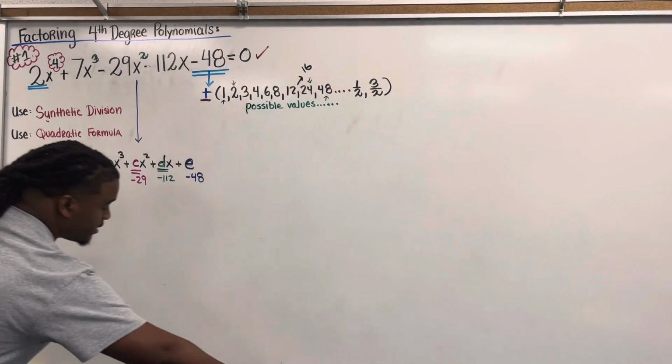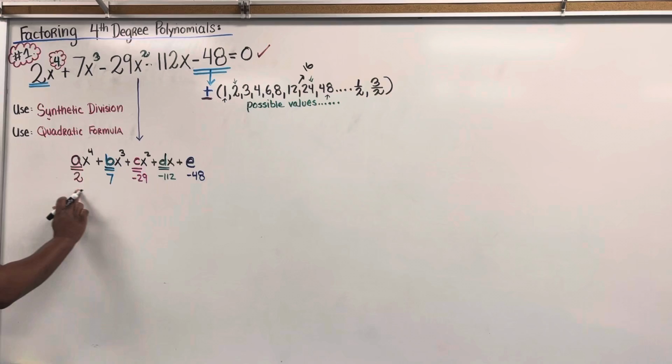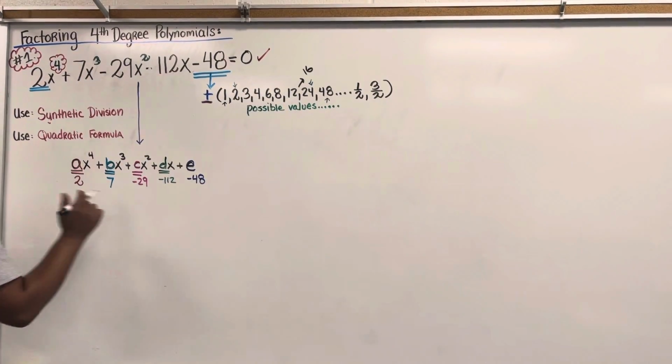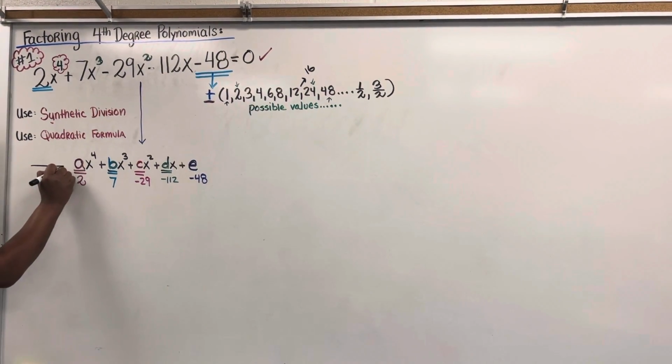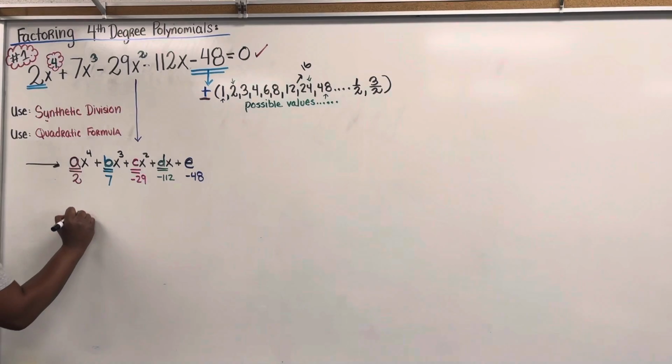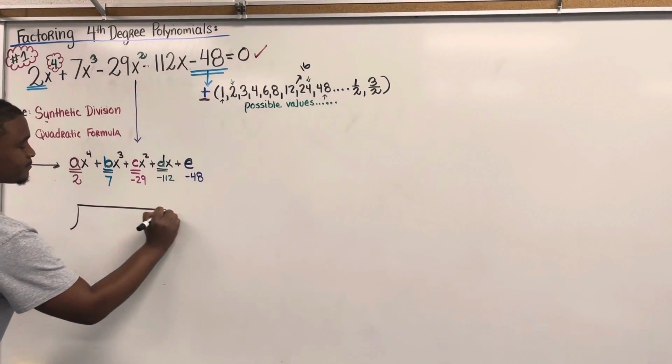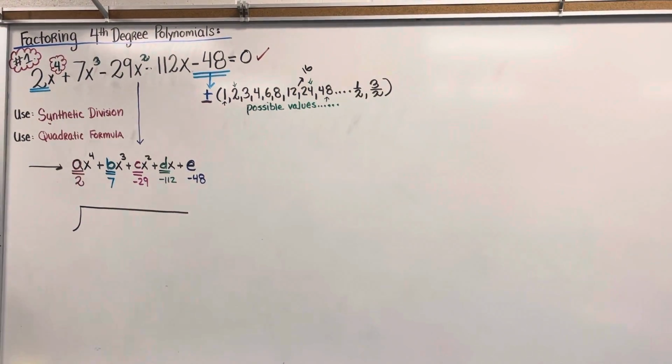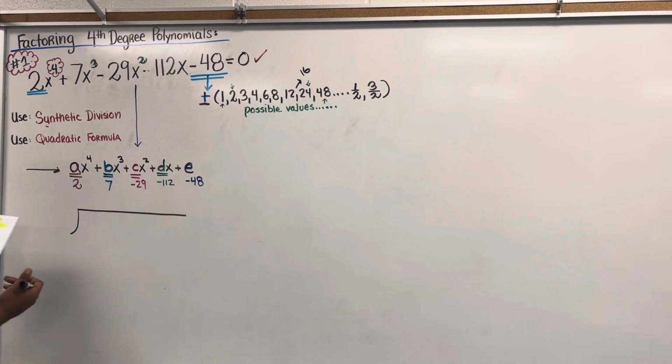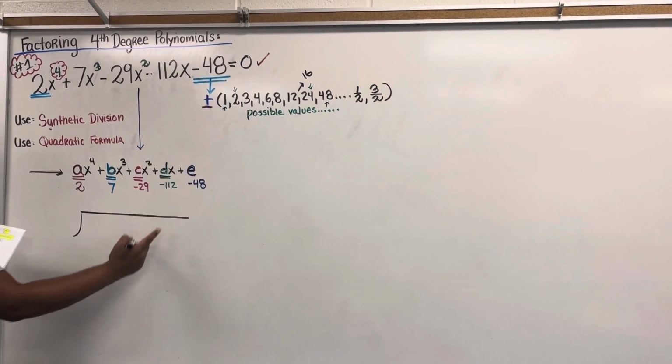So now, since we have all the values of a fourth degree polynomial, we're going to draw a division sign and just plug in these values.